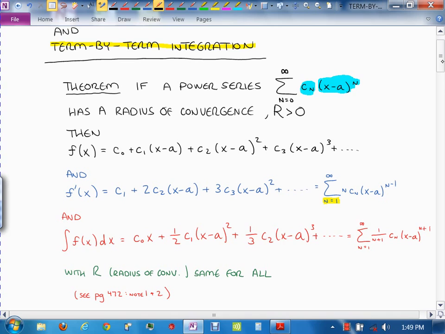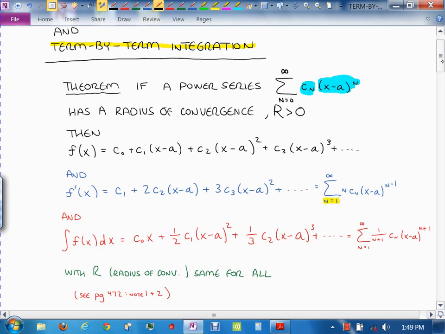What's the derivative of a constant? 0. Gone. What's the derivative of x minus a with respect to x? It's just 1, isn't it? Because a is a number, right? So derivative of x is 1, derivative of a is 0. So derivative of that is 1 times c sub 1, so you get c sub 1.